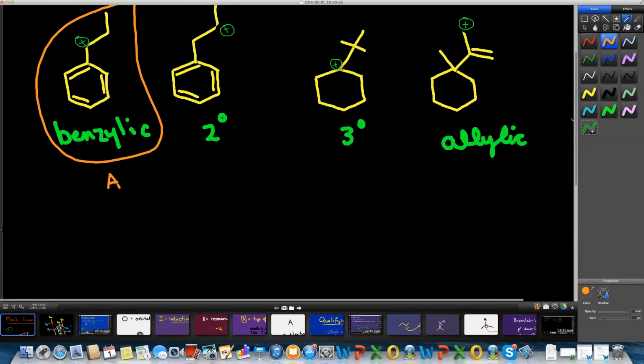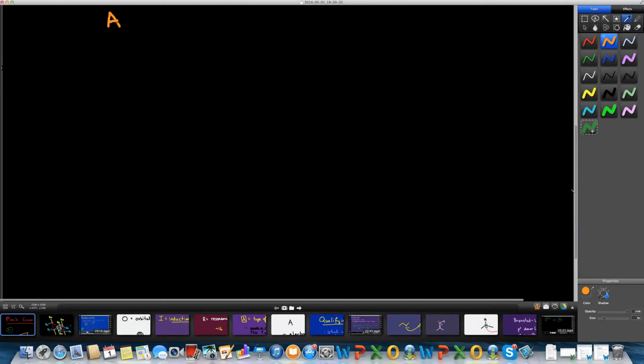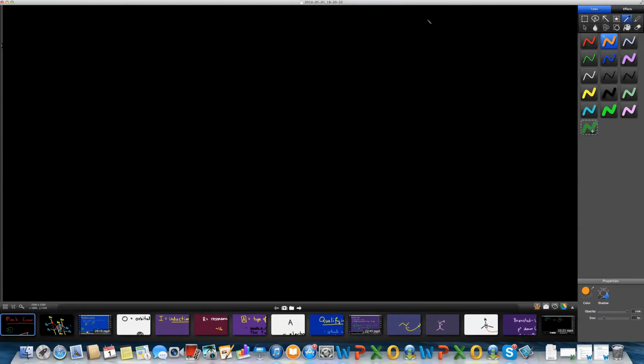Let's move on to number 32. So 32 is similar, but now we're looking at the rate limiting step in an SN1 reaction.